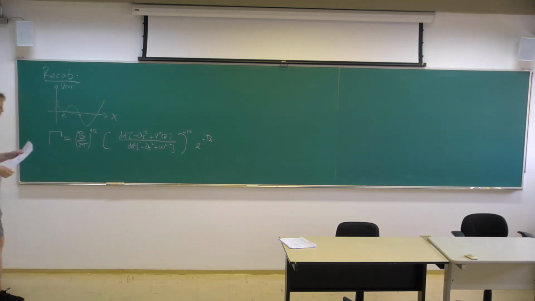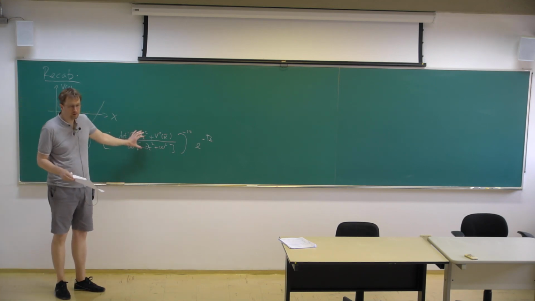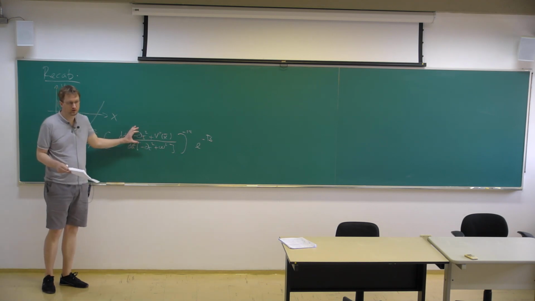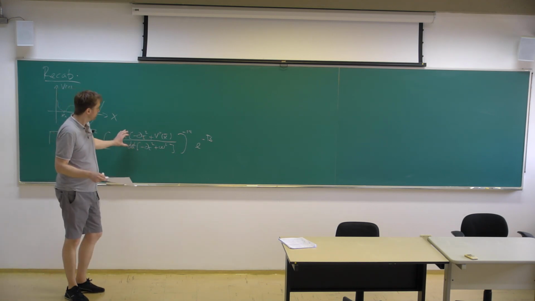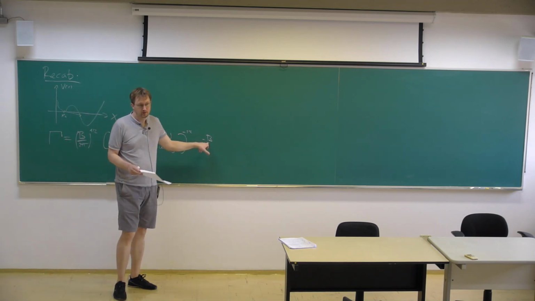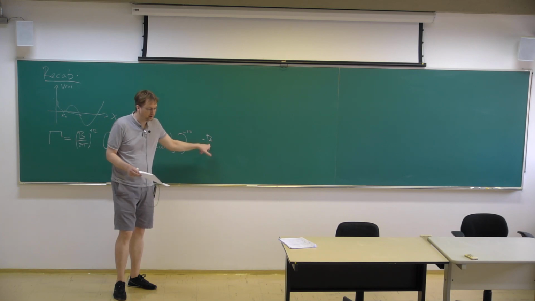I derived this formula where this part is very difficult to calculate, this functional determinant. But it's much less important than this exponential here, because it's an exponential. And this guy here is easy to calculate.